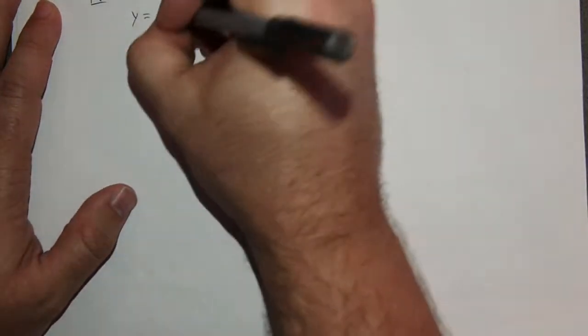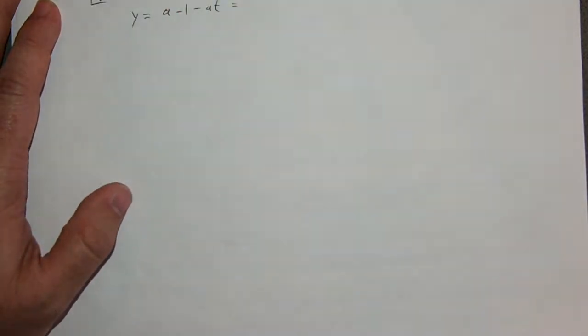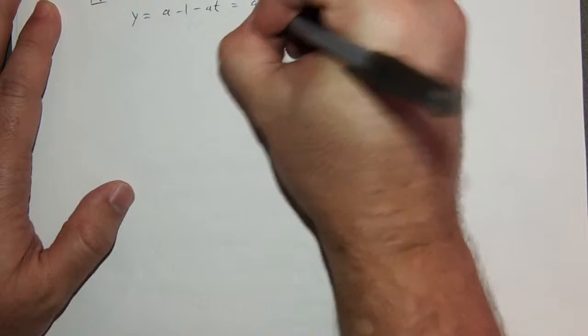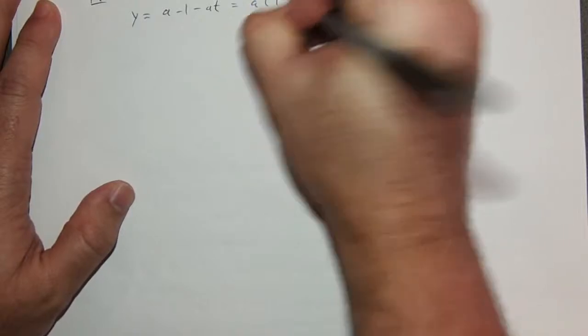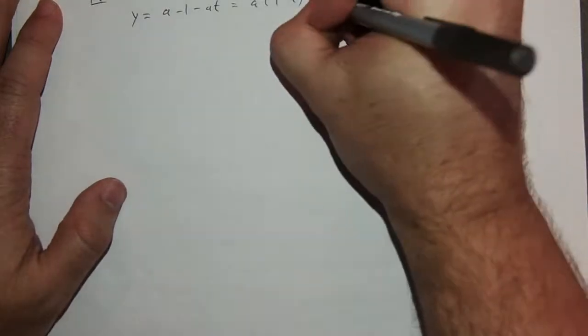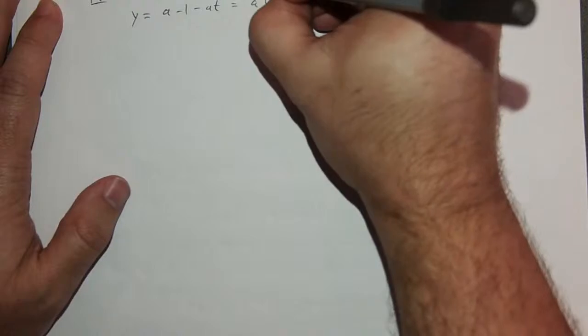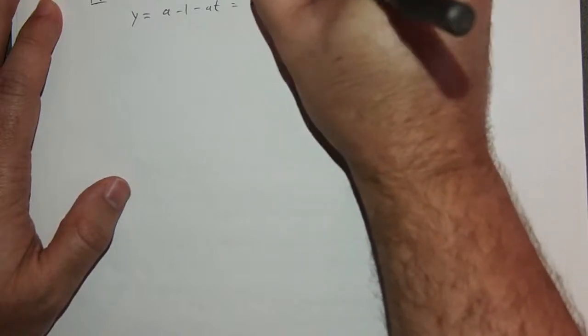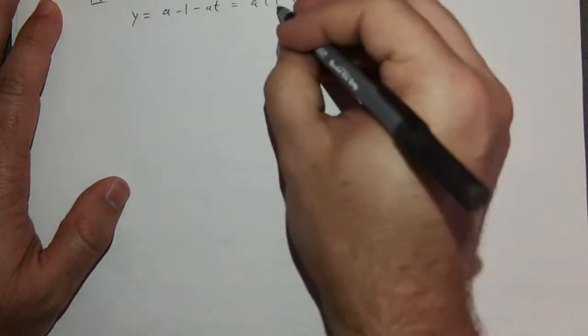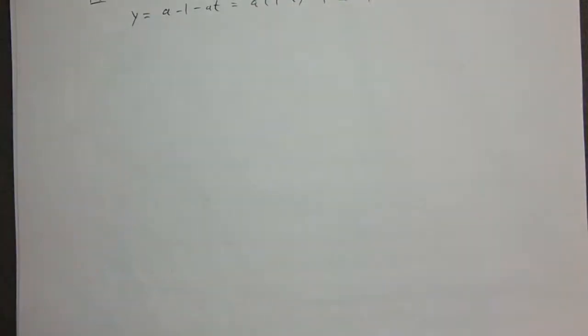Well, note that y is equal to a minus 1 minus at, we said, which can, of course, be written as a times 1 minus t, minus 1. And if 1 minus t is less than or equal to 0, then this expression is less than or equal to minus 1.